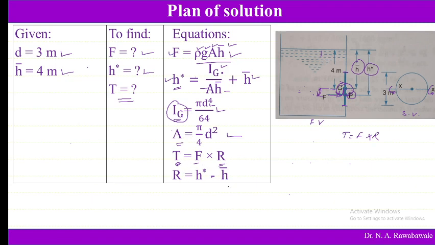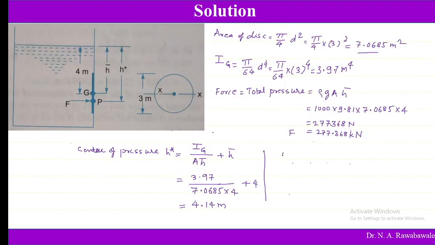So torque is equal to force into H star minus H bar. The force is known, that is 277,368, into H star. The value of H star is 4.14 minus H bar, which is 4.